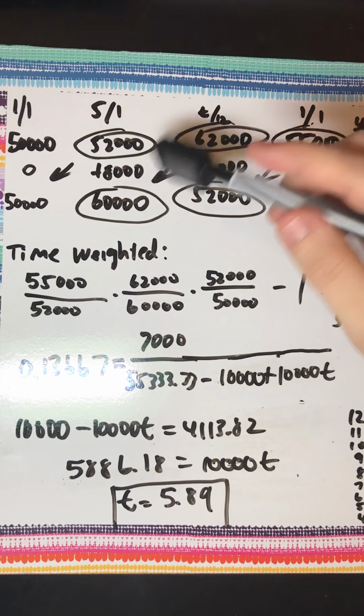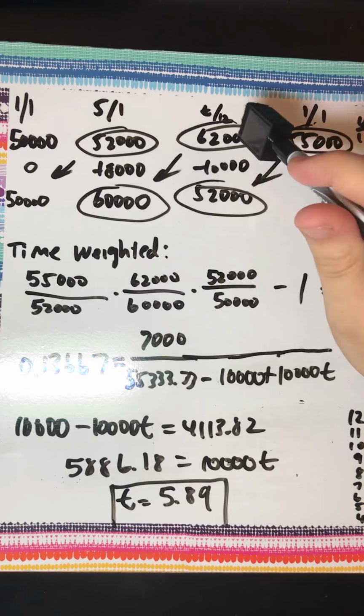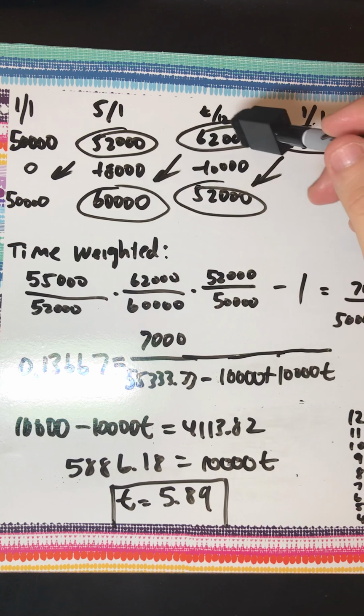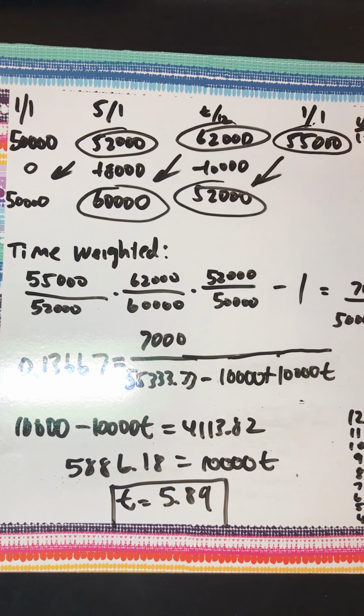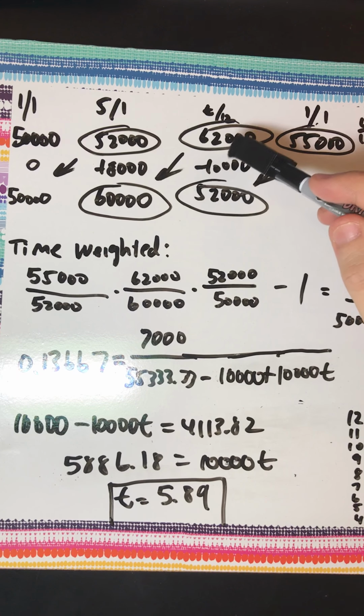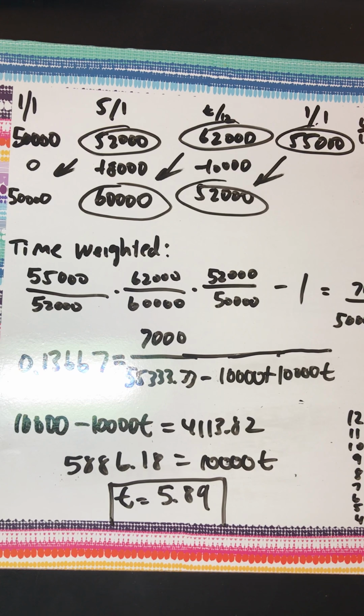But in this case, we leave off at 60,000, and the new balance is 62,000 due to interest. And therefore, it should be after May. So we have 62,000, and then 10,000 is withdrawn. So we have 62,000 minus 10,000, and we have an ending balance of 52,000.